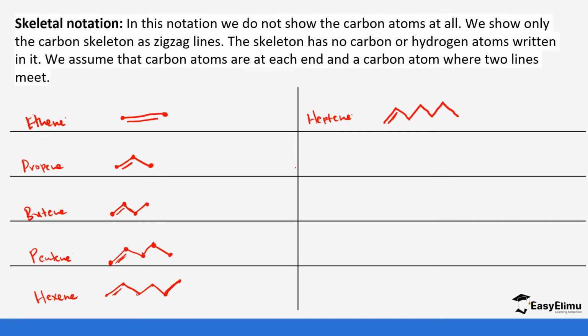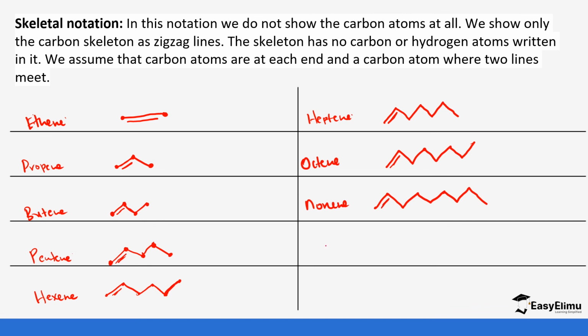And then octene is going to be 1, 2, 3, 4, 5, 6, 7, 8. And then we put a small line to show the double bond. And then nonene is going to be 1, 2, 3, 4, 5, 6, 7, 8, 9, and then we put a line here.